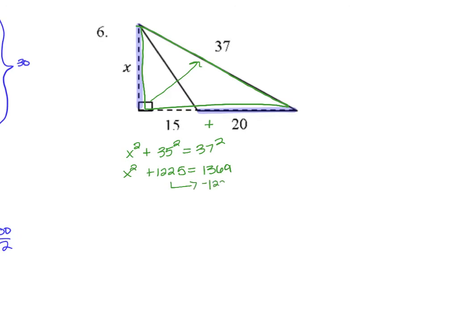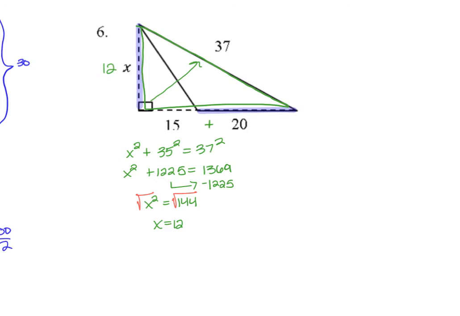We're going to subtract the 1225 and we get x squared equals 144. We're going to take the square root of both of those to solve for x. So x is 12. That means this is 12. Now I have the height of my figure and the base of my figure.